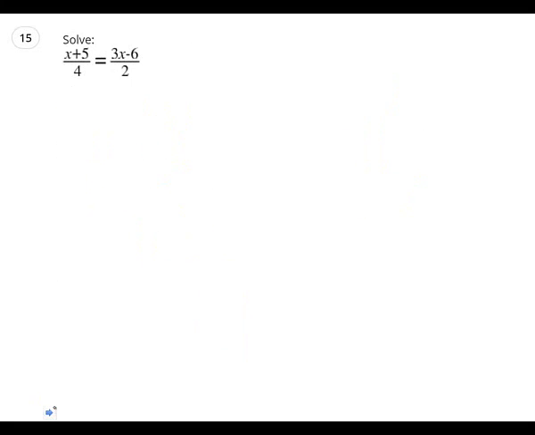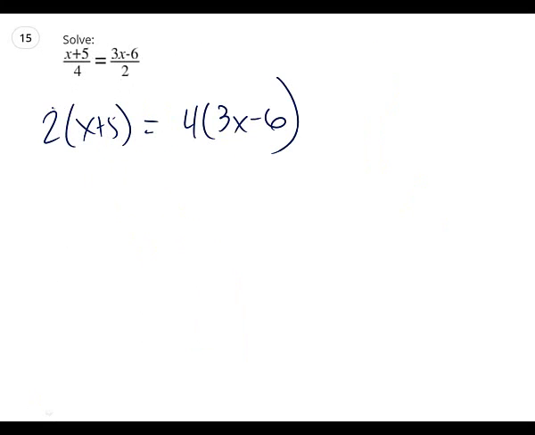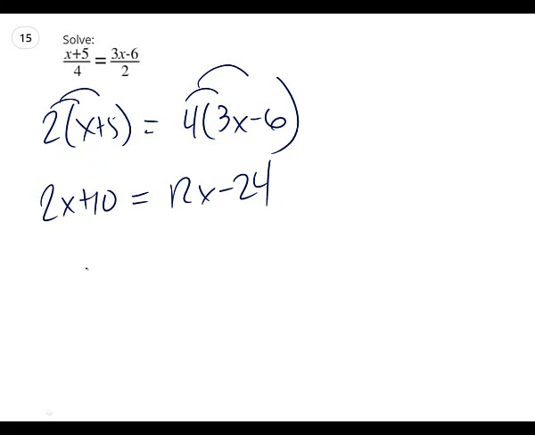Okay, last one. What do we have to do to solve this one? Cross multiply. So I've got 2 times x plus 5 equals 4 times 3x minus 6. What are we going to do with the 2 and the 4? Distribute. We end up with 2x plus 10 equals 12x minus 24.